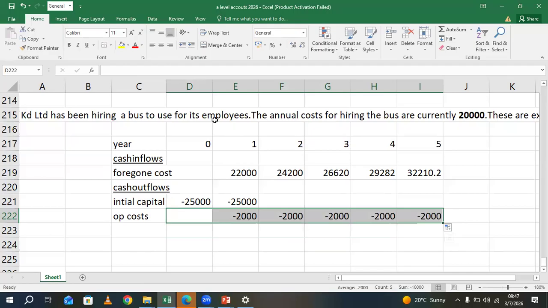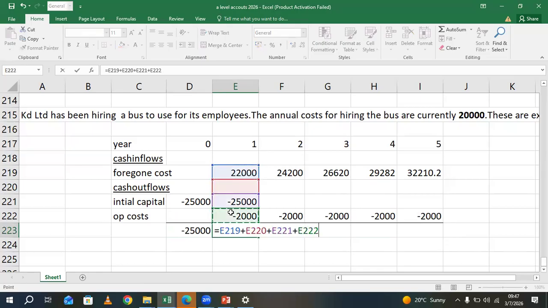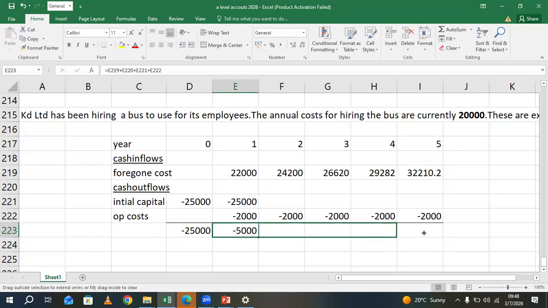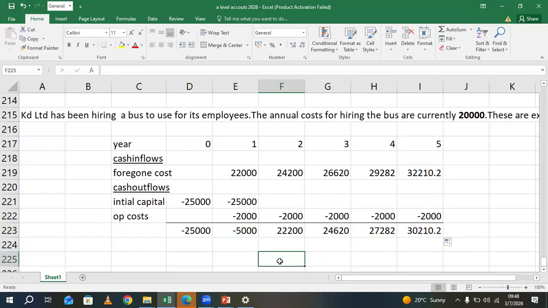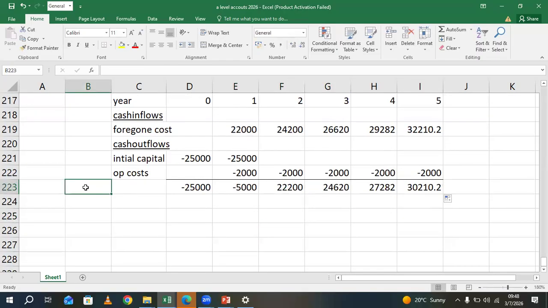So our net cash flows will be as follows. Year zero, it's negative 25,000. Year one, so these are our net cash flows.